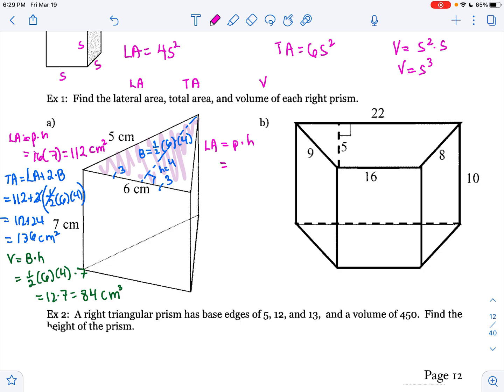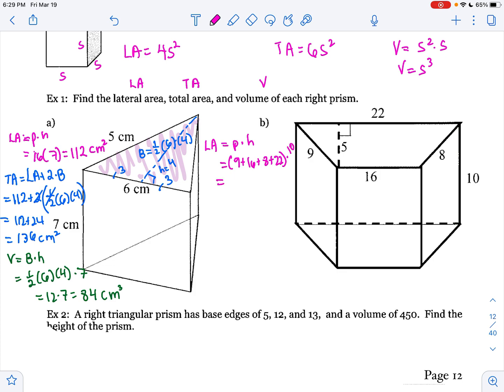So when I calculate the perimeter, I'm adding 9 plus 16 plus 8 plus 22. As part of your notes, you can include that. So you can write out 9 plus 16 plus 8 plus 22, and then multiply the height of the entire prism, which happens to be 10.